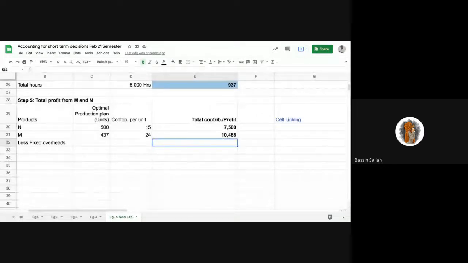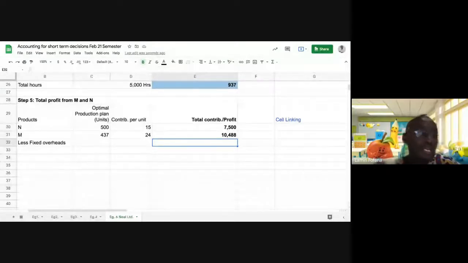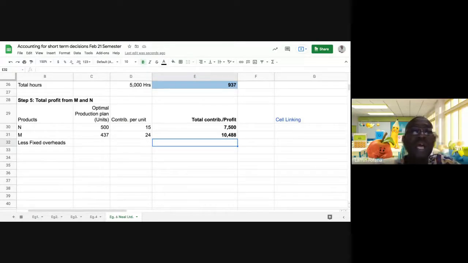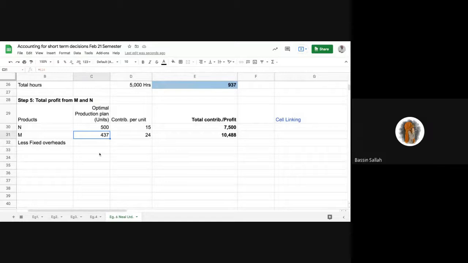Your sales of 600 for M. The fixed cost times the 600 for M. 10 times 600. The fixed cost per unit. Okay. And which unit are we going to use? The 500 and the 437, isn't it? Yes, the 500 and the 437.